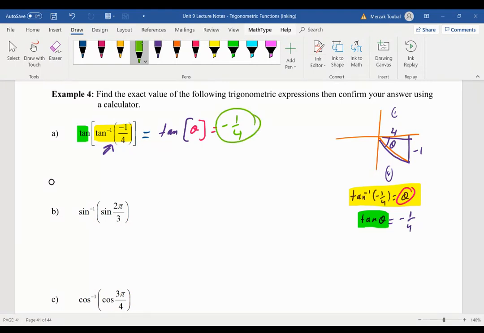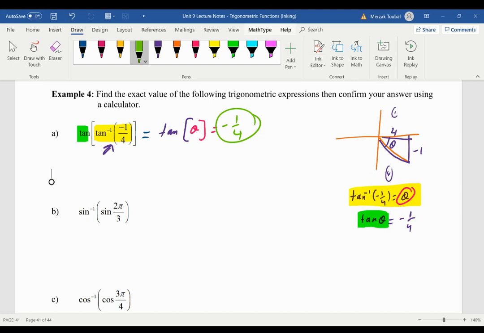You may not need to use the diagram and all this work. You can reason with it. Tangent inverse of negative 1 over 4 must be some angle theta, so tangent theta must be negative 1 over 4. Now, the tangent inverse domain is negative to positive infinity. It means you don't have to worry about the input, not like sine and cosine.